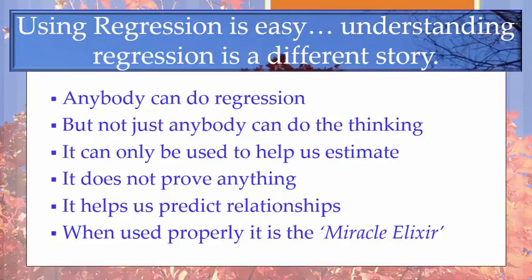Regression helps us estimate, but it doesn't prove anything, and it just simply helps us predict relationships between this and that. But if we do it right, and we do the thinking right, and we take the time to understand what we're doing, it really can be the miracle elixir, as they said in this one book I was reading one time.